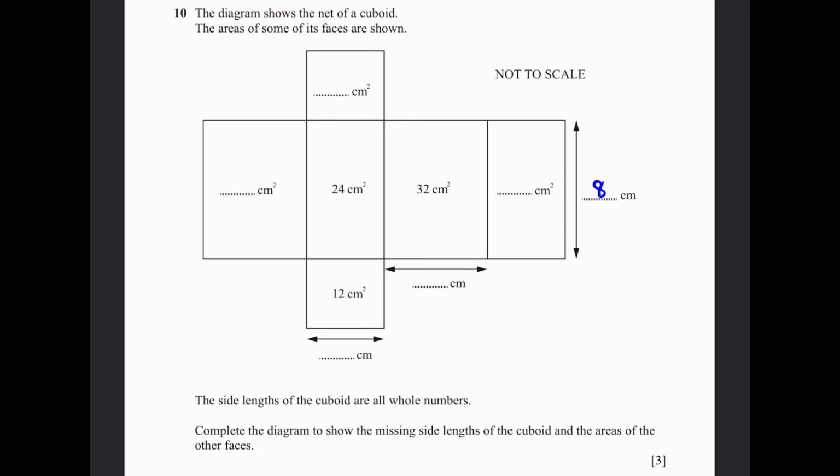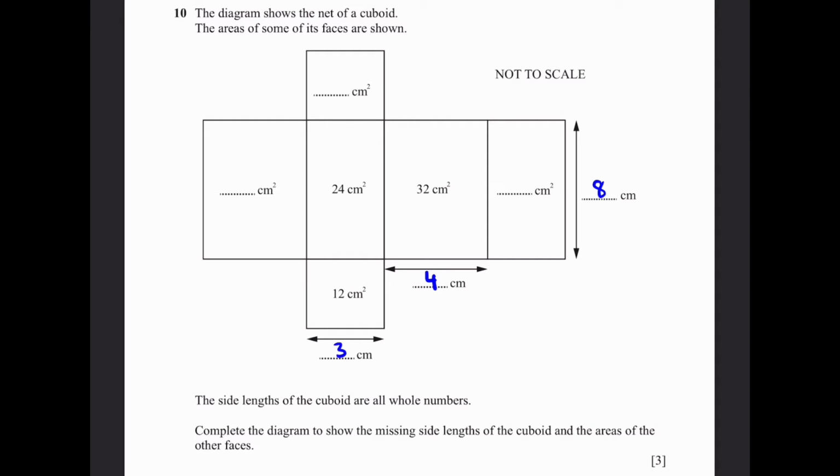Now, if we have that as 8 centimeters, this side will be 24 divided by 8, which is equal to 3 centimeters. And then, if we have 8 as this side, then this side will be equal to 32 divided by 8, which is equal to 4 centimeters. So we've solved the side lengths.